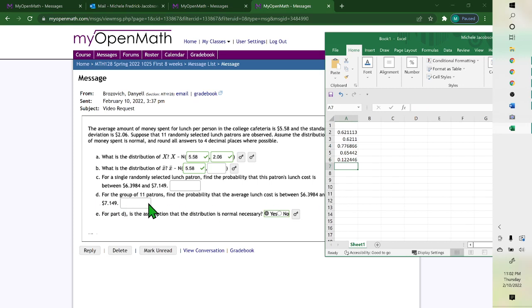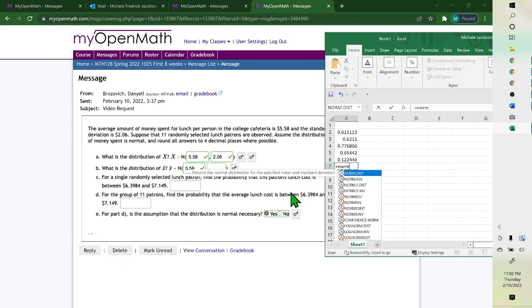For part D, you do the exact same thing, only we use the mean distribution. It's a sample size. Because it says 11 patrons, you use part B. So equals norm distribution.